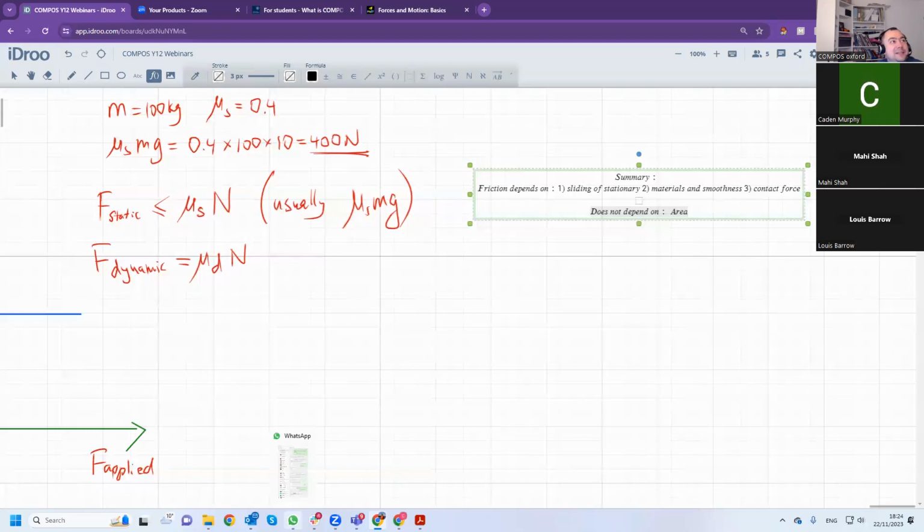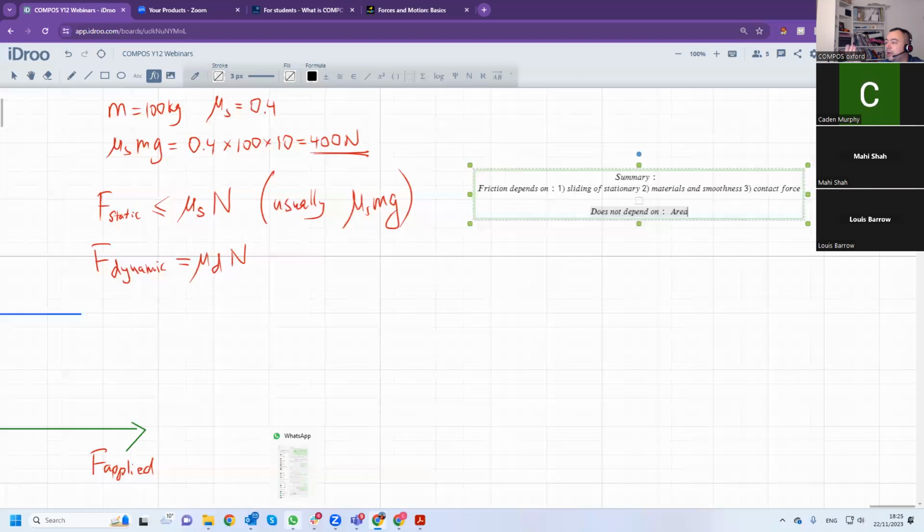So yeah, if you think about metal on ice, if you use a large surface area, you put a piece of metal on ice, it will slide very easily. But if you have some spikes, it's a very small contact area, and yet you will have much more friction with the small contact area.